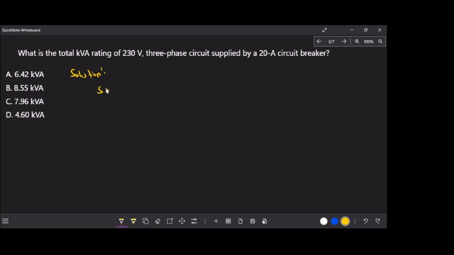That is our S, which is the apparent power. For three-phase systems, S is equal to square root of 3 times the voltage times the current. Sa ating given, we have square root of 3 times 230 volts times 20 amperes.